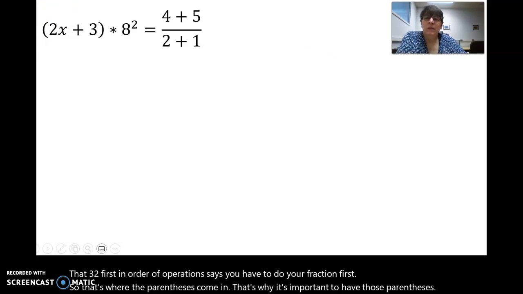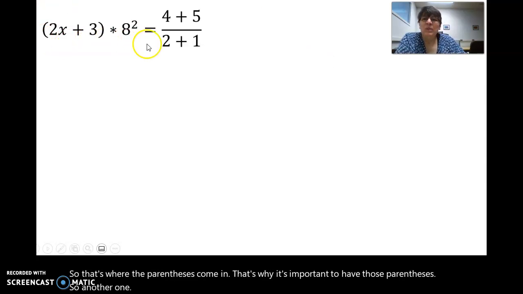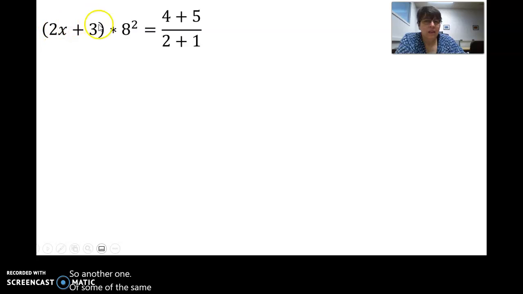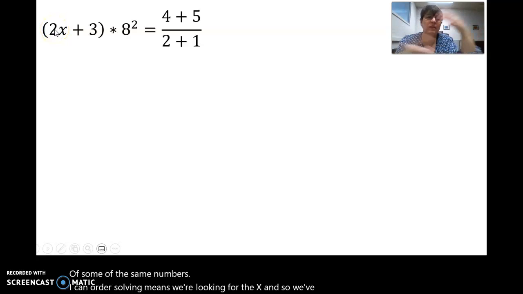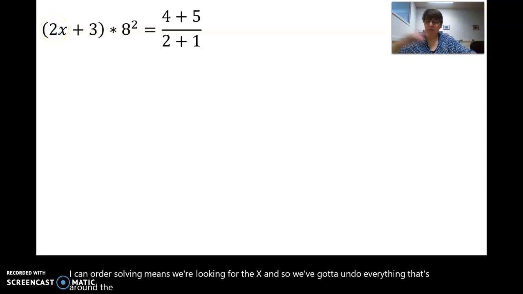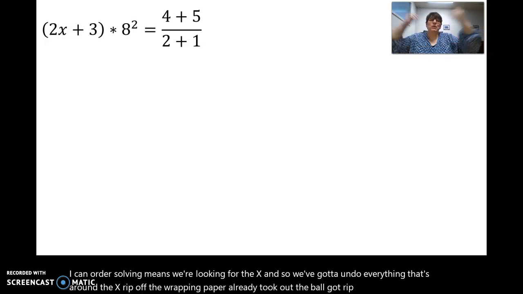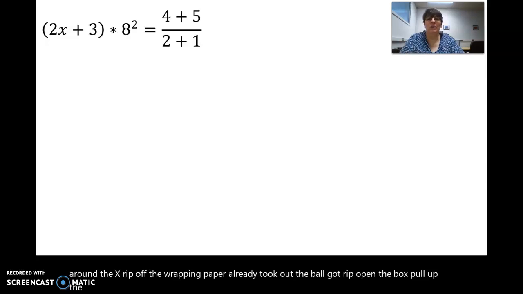So another one of some of the same numbers. Okay, again, order of solving means we're looking for the x, and so we've got to undo everything that's around the x. Rip off the wrapping paper. You already took off the bow. You got to rip open the box, pull out the packing, and okay, there we go. Woohoo! We found x.